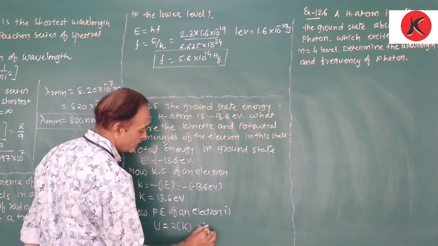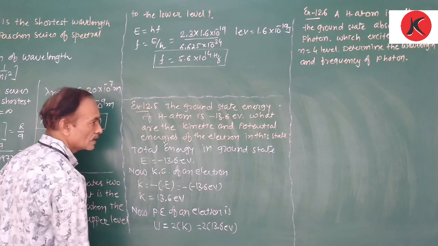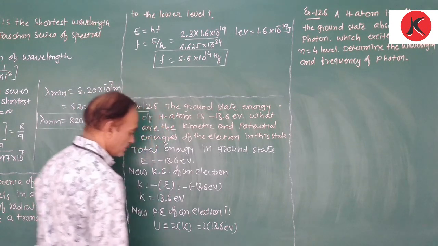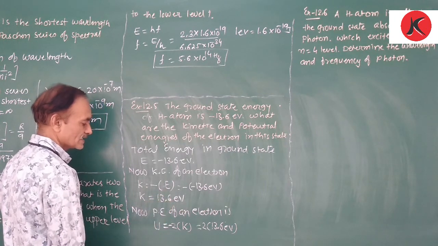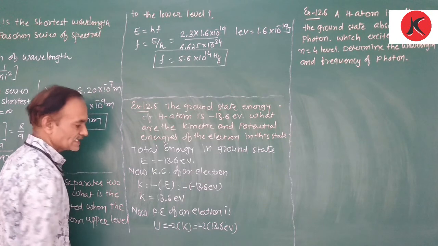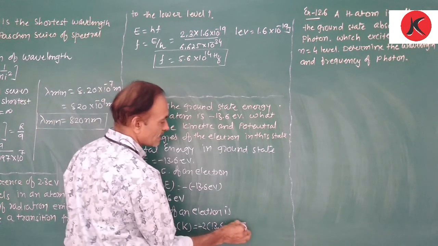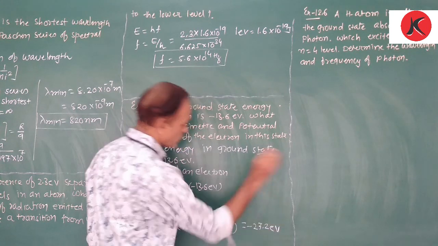Therefore, 2 into 13.6 electron volt. But the potential energy is negative, minus double of the kinetic energy. So it is equal to minus twice of 13.6, which is equal to minus 27.2 electron volt.